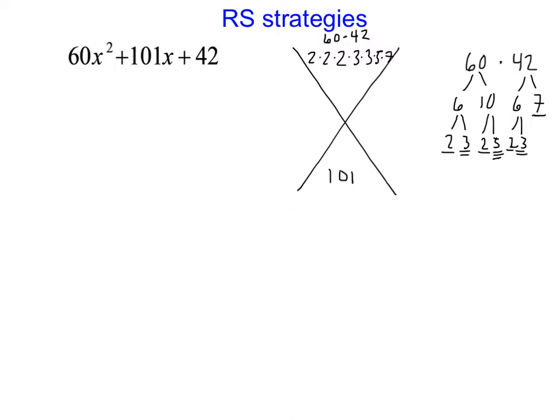All right, so what if I put all of the 2's and the 3's on one side, and the 5 and the 7 on the other side? Here I got 8 times 9, that is 72, and on the other side I have 35, and when I add those two things together I get 107. So that's close, but it's not 101.